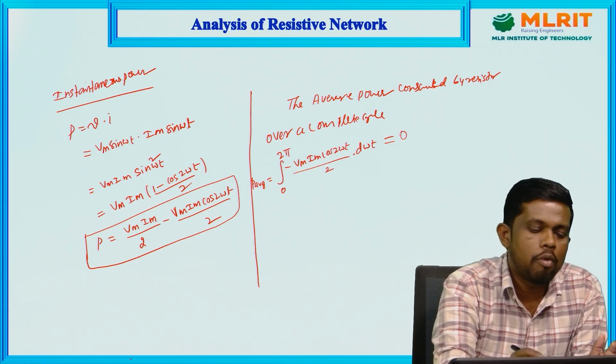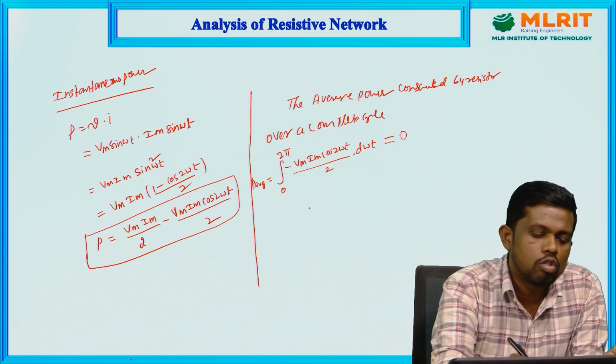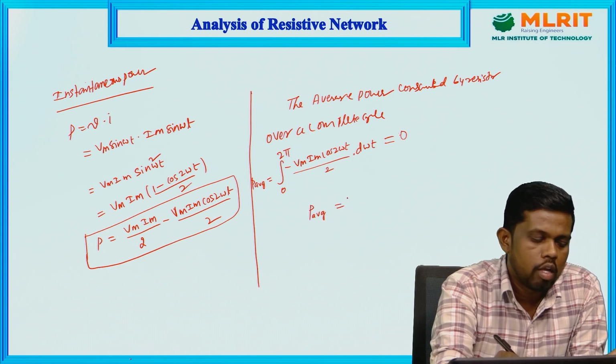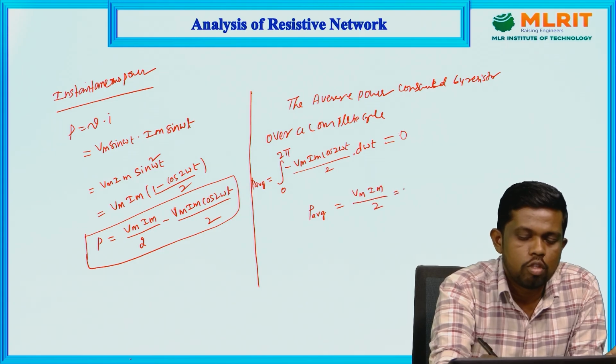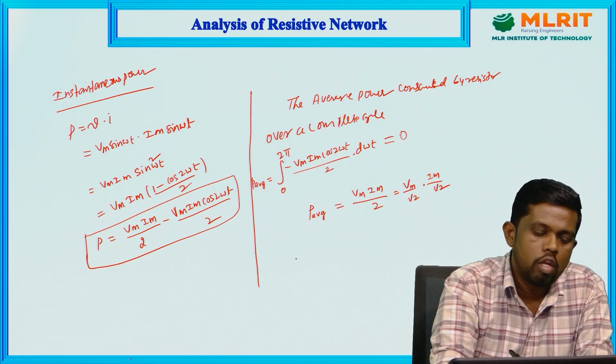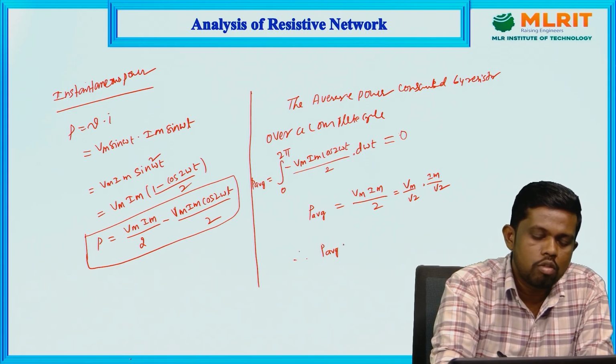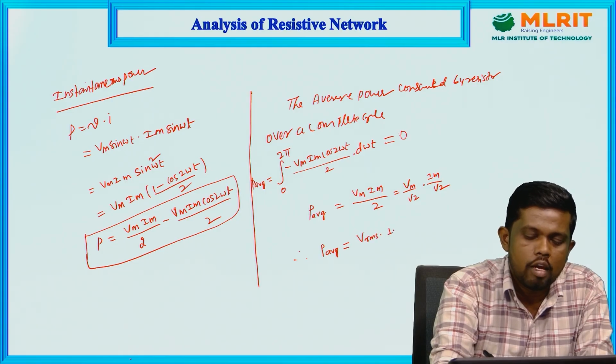Hence the average power taken by the resistor over the complete cycle is Vm Im by 2, which means Vm by root 2 into Im by root 2. Therefore, over a complete cycle, the average power taken by a pure resistor from the alternating source is Vrms into Irms.